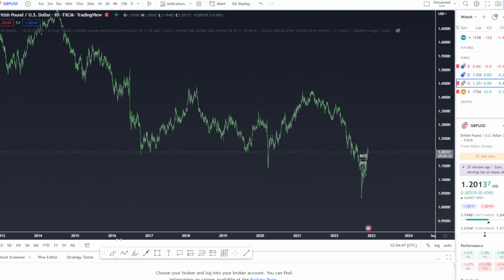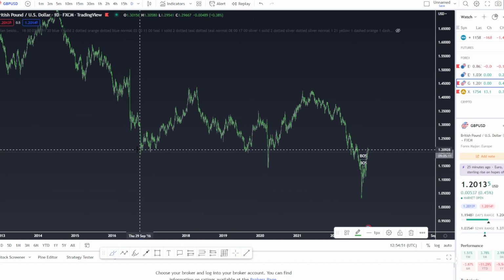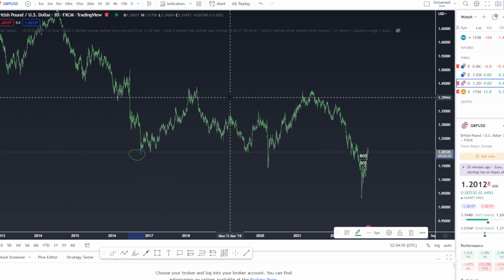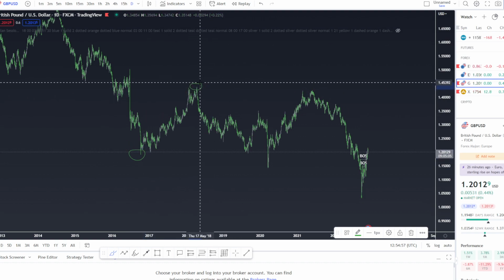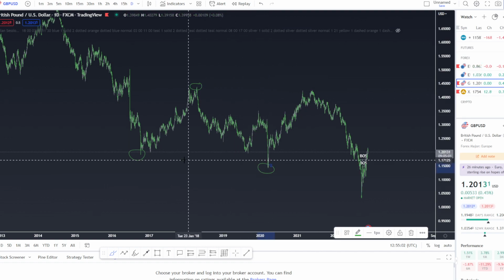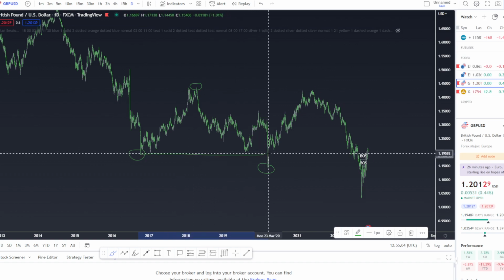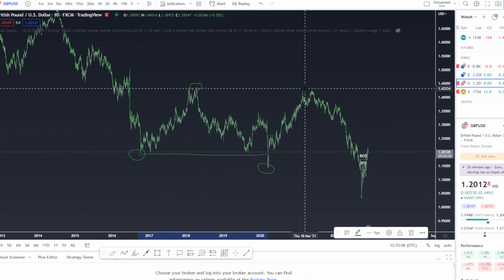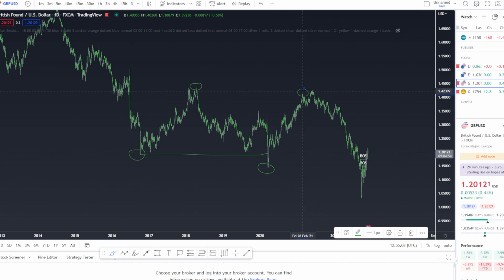Okay, so if we do the same thing again, mark up our swing highs and swing lows, we have a swing low here back from 2016, then we have a swing high here from 2018, then we have a swing low here that is lower than that low, right? And then we have a swing high here that is lower than that high.